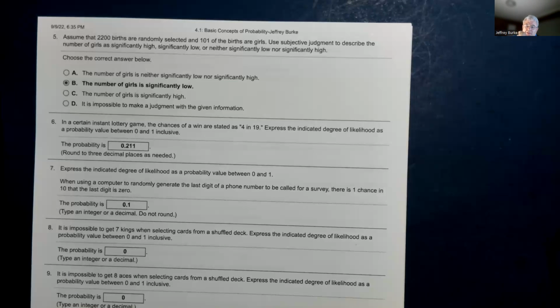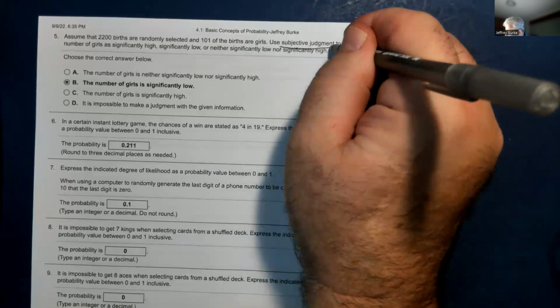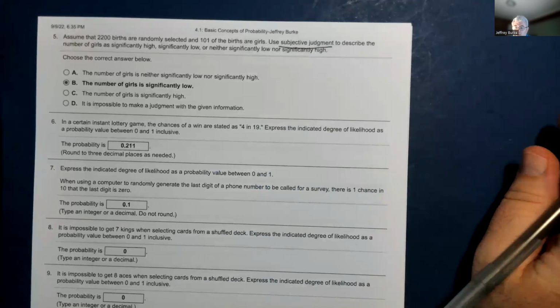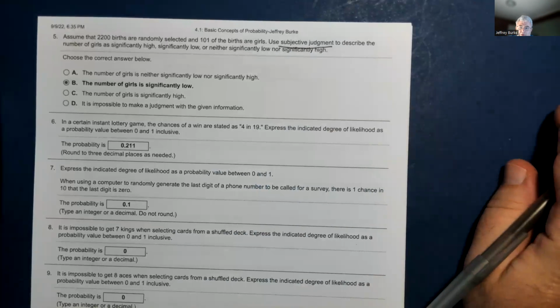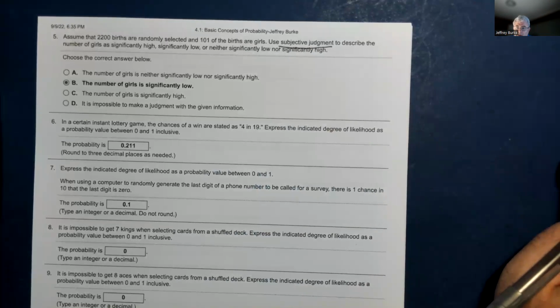Now, usually if we're going to look to see if something is unusually low or unusually high, or significantly low or significantly high, we would take a look at the probability of that happening being less than 5%. But here they're telling you to exercise subjective judgment. So we're not looking at this objectively. So you have to say to yourself, if 2,000 kids were born, you're usually going to expect about 1,100 to be boys, 1,100 to be girls, because the probability of having a boy or girl is about 50%.